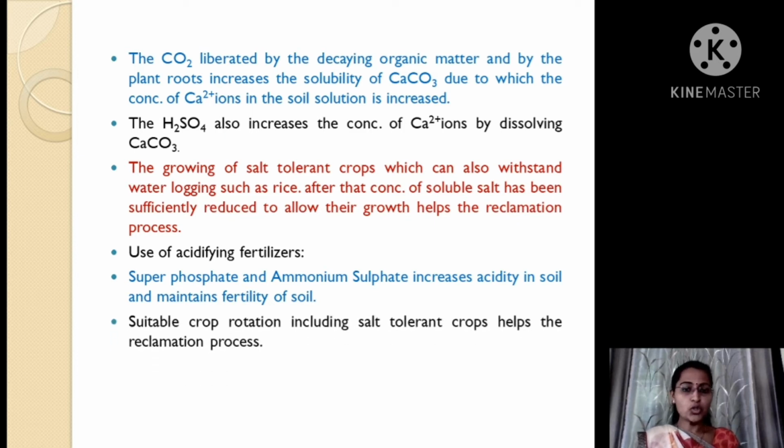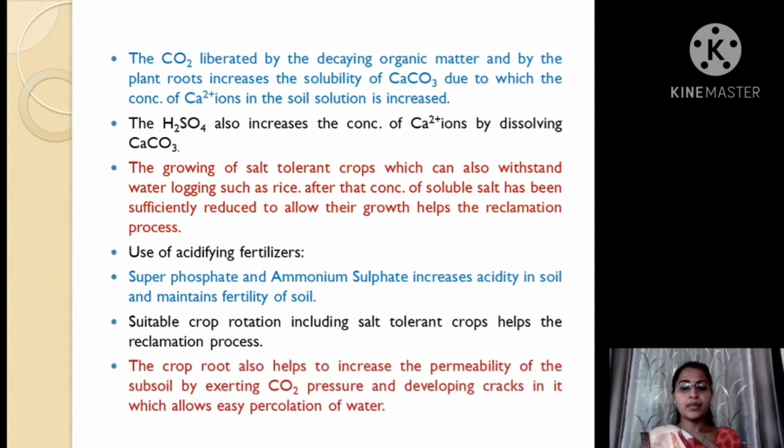Suitable crop rotation, including salt-tolerant crops, helps the reclamation process. The crop root also helps to increase the permeability of the subsoil by exerting CO2 pressure and developing cracks in it, which allows easy percolation of water.